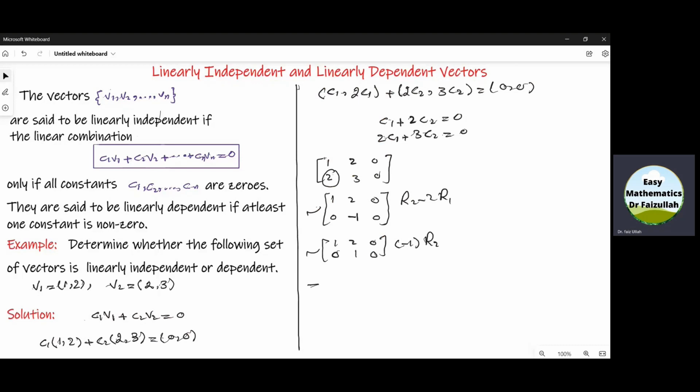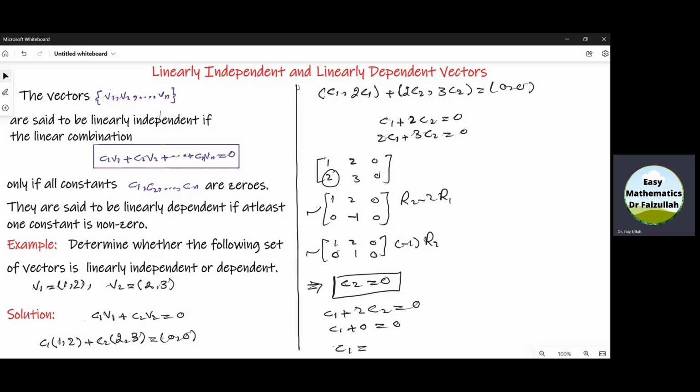Now by backward substitution, we get C2 equal to 0. And then from the other equation, we get C1 plus 2 C2 equal to 0. But as C2 is 0, so we can write that C1 plus 2 into 0 is 0, which is equal to 0.